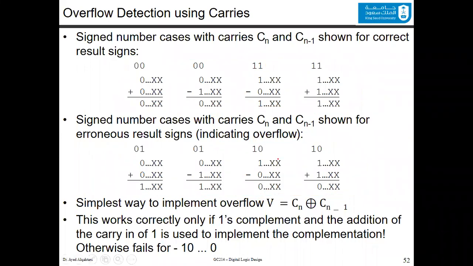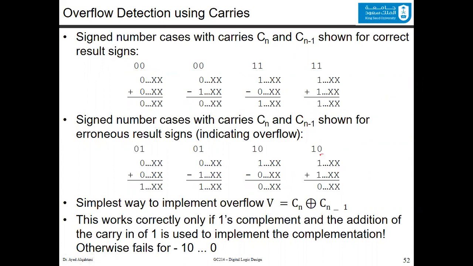Now, if we look only at the carries, you will notice that if the carries Cn and Cn minus 1 match, 1 and then 1, 1 and then 1, 0 and then 0, 0 and then 0, then there is no overflow.